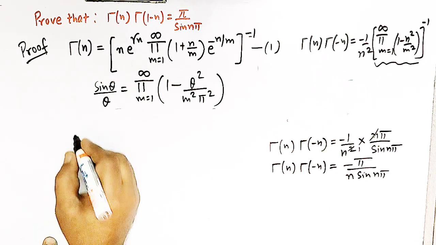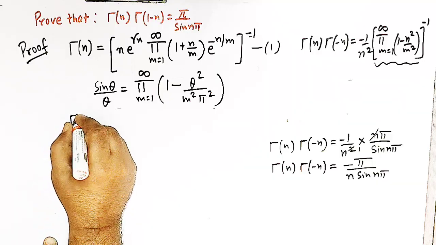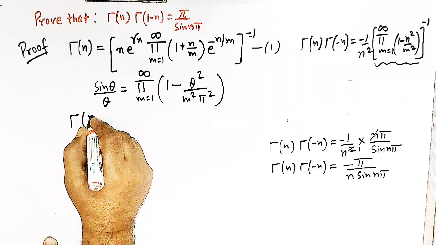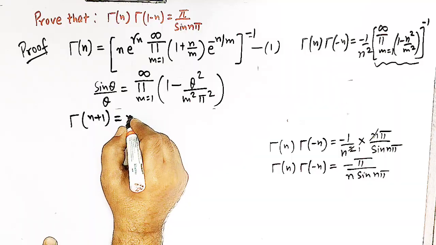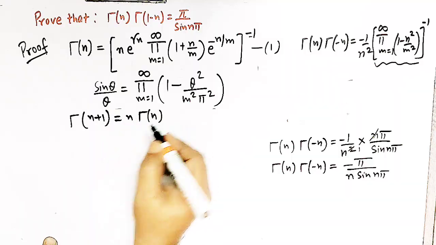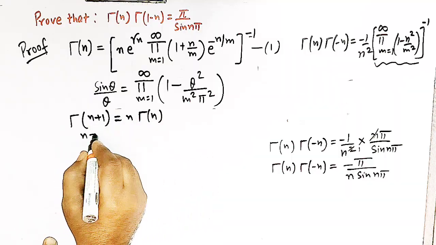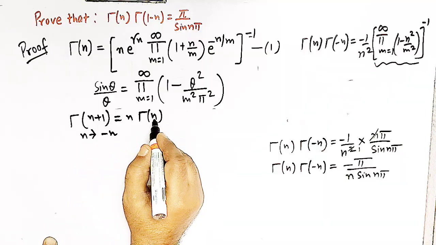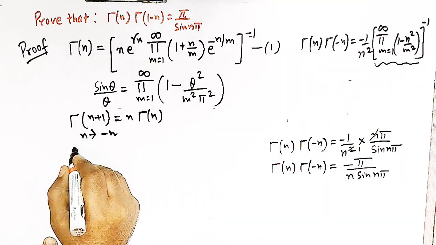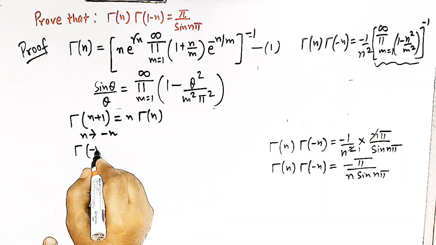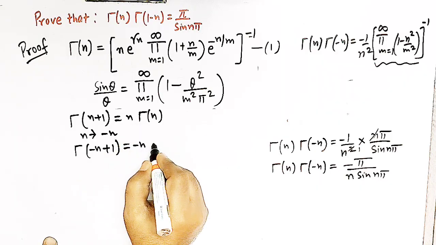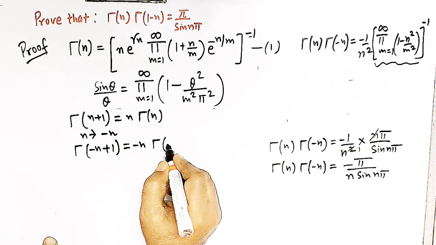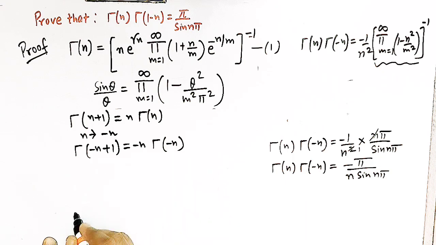Now let us make use of this important result, that gamma n plus 1 is given by n times gamma n. So if we replace n by minus n, then this expression reduces to gamma minus n plus 1 equals minus n times gamma of minus n, right?